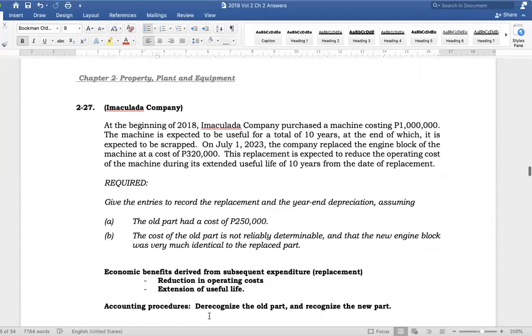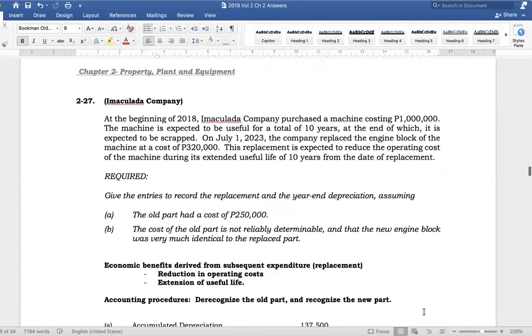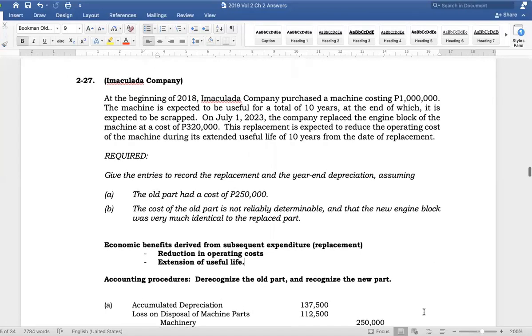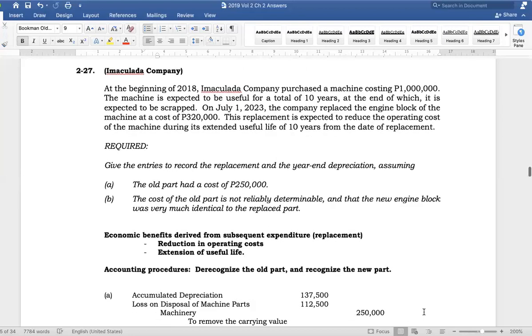Our accounting procedure, therefore, is that we will recognize the old part because the old part will be retired, and then we will recognize the new part. To recognize the old part, it was simply removed without any proceeds from such removal.